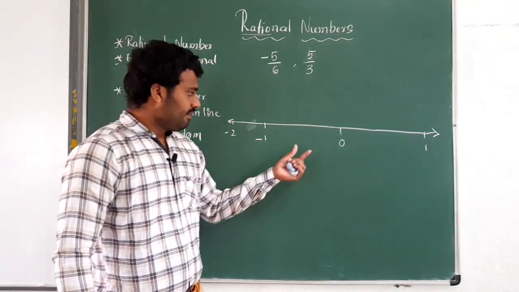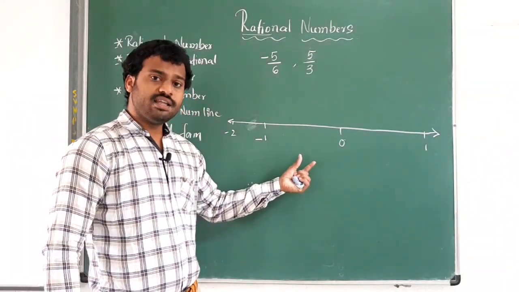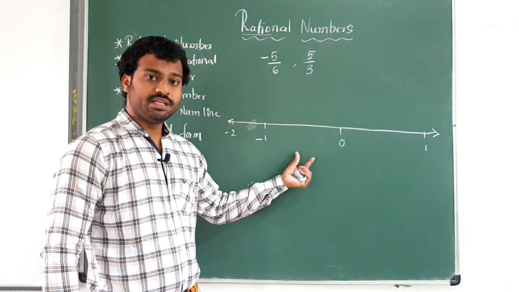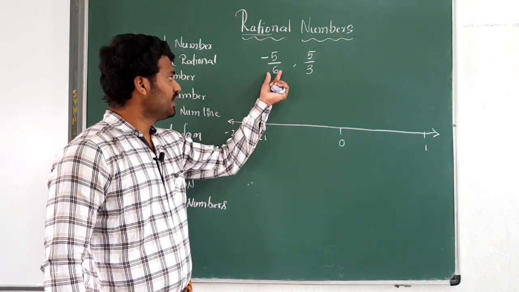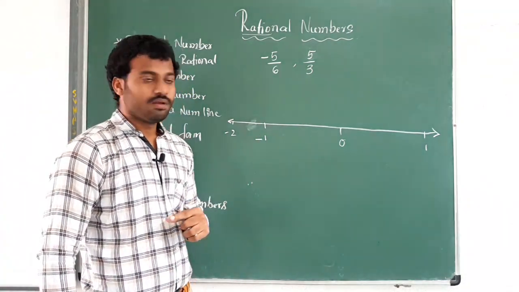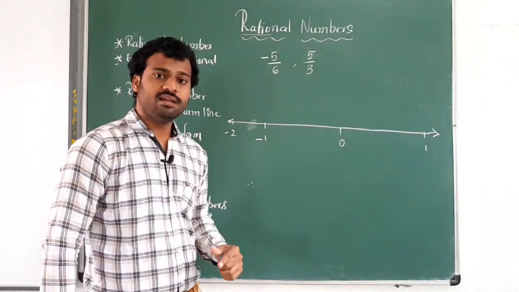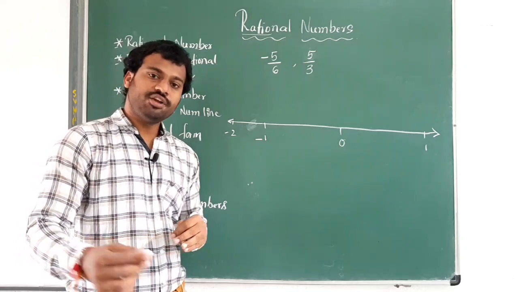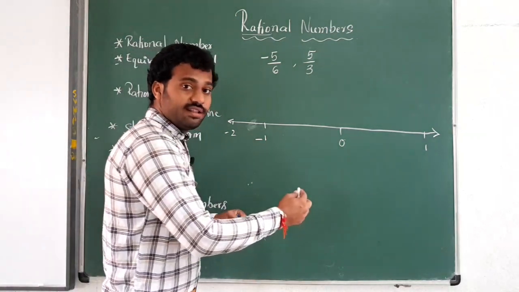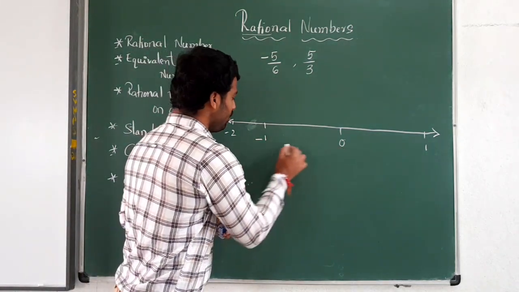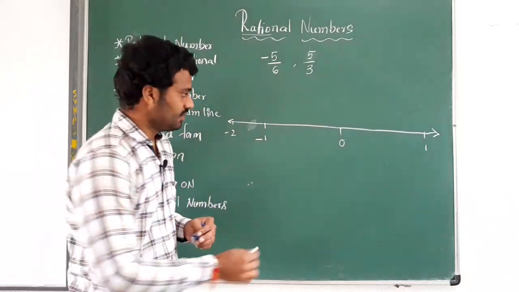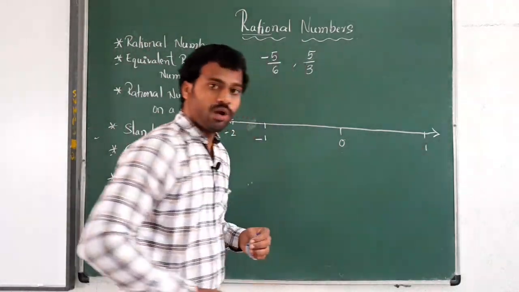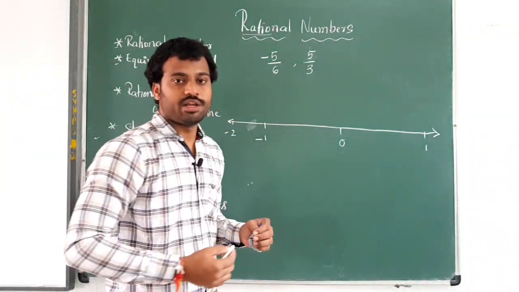Whenever you are trying to represent a rational number on the number line, first you have to look into the denominator. What is the value of the denominator? The denominator is 6. See, here on the number line, from 0 to minus 1 is 1 unit. From 0 to 1 is 1 unit. 1 to 2 is 1 unit.